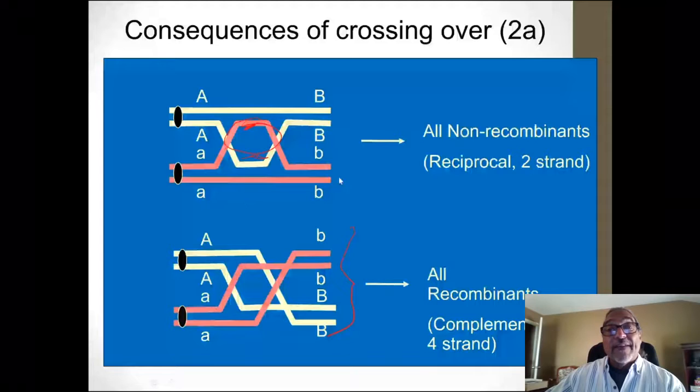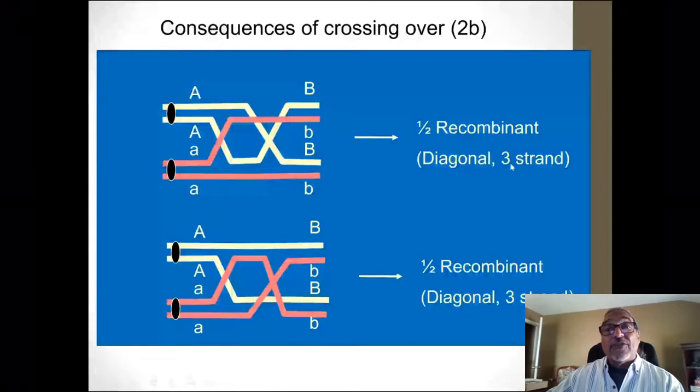But notice, every time we do this, what if we had 3 strand crossing over? So here's another example. We'll take a peek at our 3 strand crossing over on the diagonal. What if we do 3 strand on the opposite diagonal? What happens? Again, we get half recombinant and half non-recombinant.